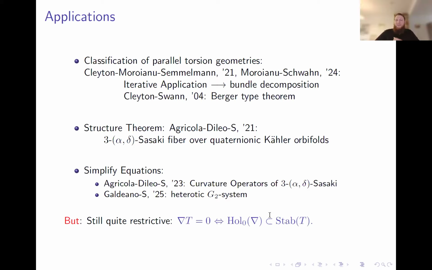And that is for a very good reason, namely, the torsion is parallel, so the holonomy has to be inside the stabilizer of the torsion, so it has to be the stabilizer of a 3-form, and there are just so few groups that are stabilizers of a 3-form in a given dimension. That's also the only reason why this classification scheme of Cleyton and Swann was even possible in the first place. Okay, so parallel torsion, very nice work that has been done there, but still too restrictive.